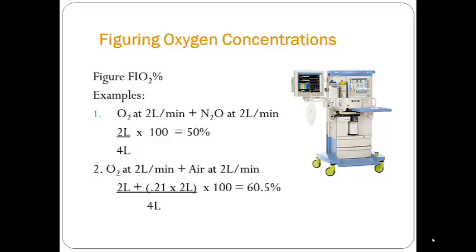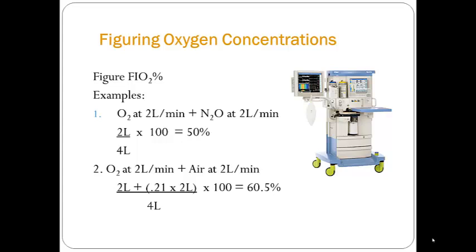So all of the oxygen dialed in from the oxygen flow meter is definitely oxygen that's usable by the cells, but the oxygen in the nitrous oxide is chemically bound to the nitrogen and not available to the cells for use in cellular respiration. So the formula is the total oxygen available to the cells in the numerator, the total flow in the denominator. So in this case, only the 2 liters from the oxygen flow meter are available for cellular respiration, so we put 2 liters in the numerator.